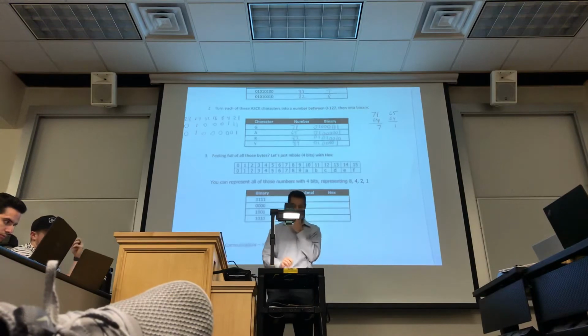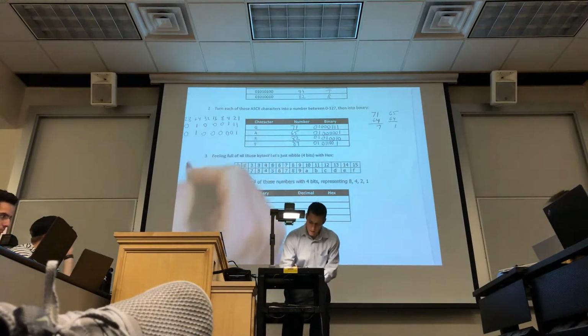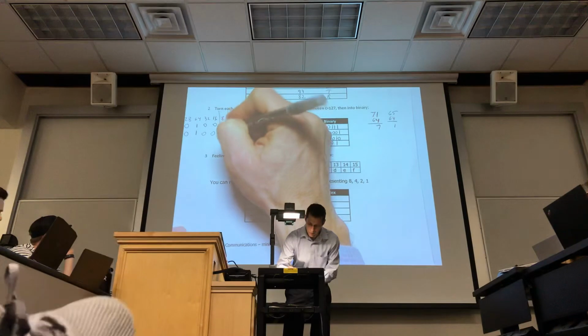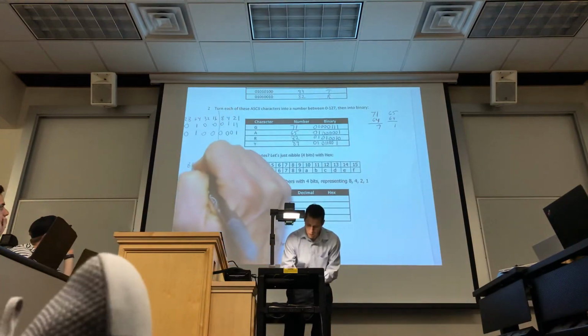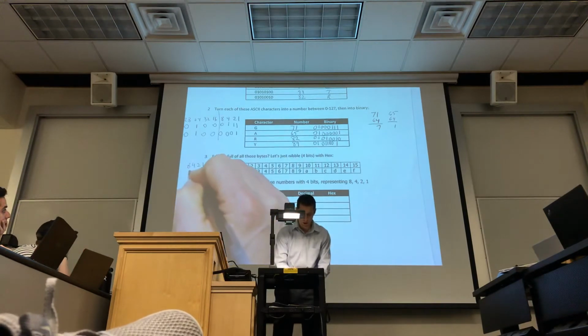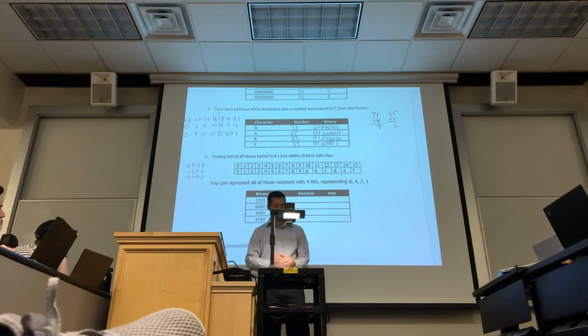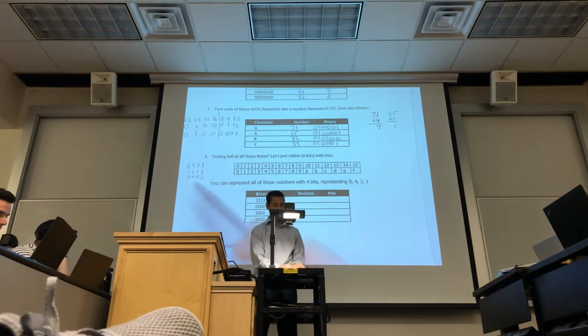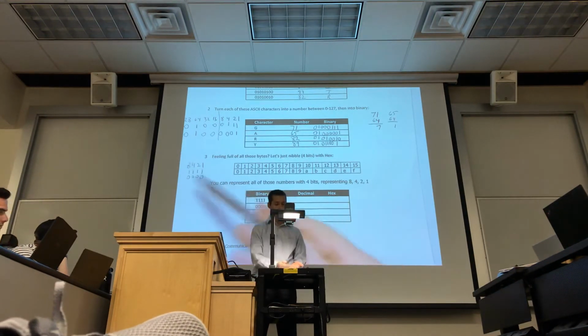So given 4 bits, 8, 4, 2, and 1, what is the smallest number and what is the biggest number that we can make based on only having 4 bits available?